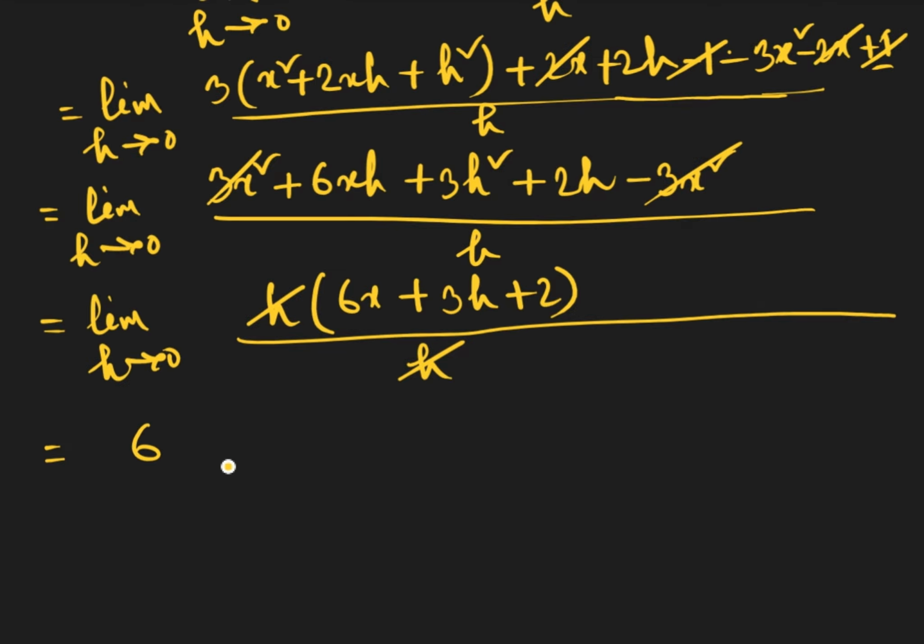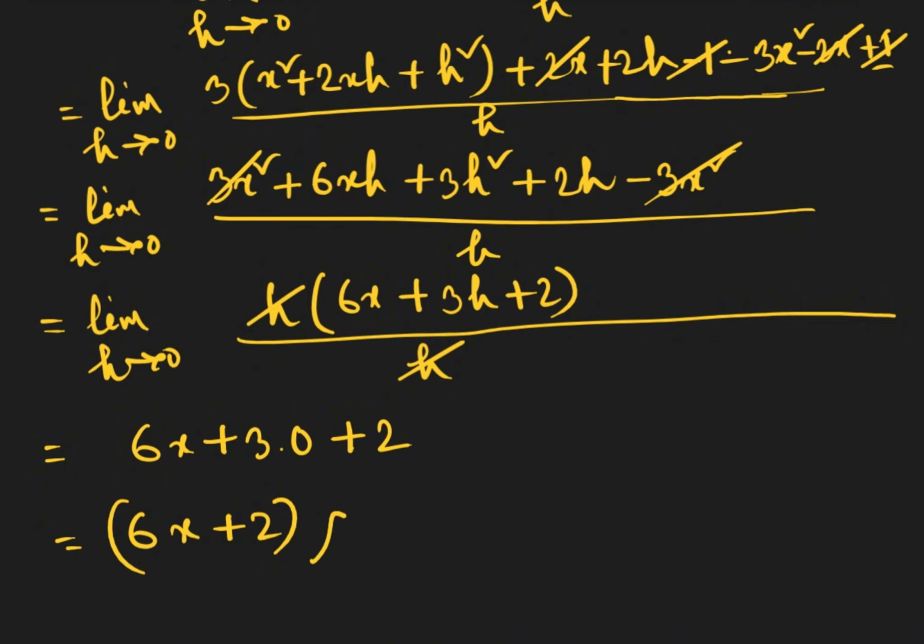So here will be 6x plus 3 times 0 plus 2. So the final result will be 6x plus 2. This is the answer for f prime x, which is the derivative of the function f of x, 3x squared plus 2x minus 1, by using the first principle of differentiation.